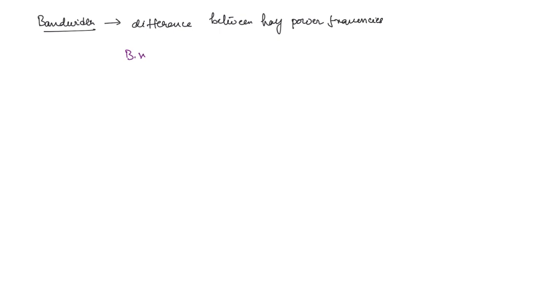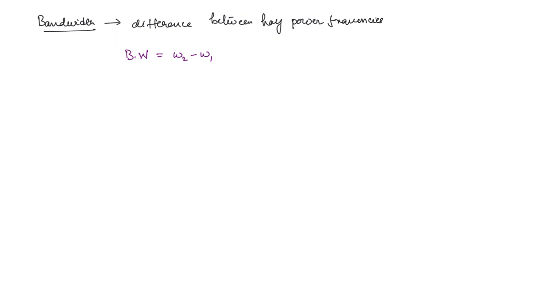The next important parameter is the bandwidth. Bandwidth is the difference between the half power frequencies. So we will write bandwidth is equal to omega 2 minus omega 1. Omega 2 is greater than omega 1.